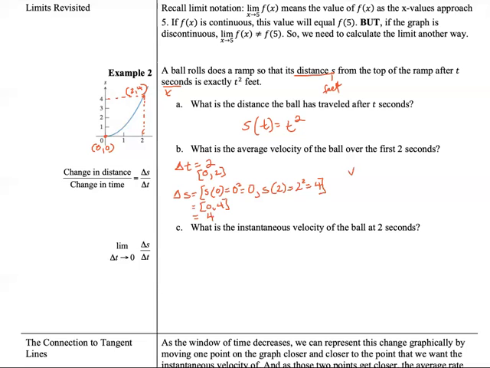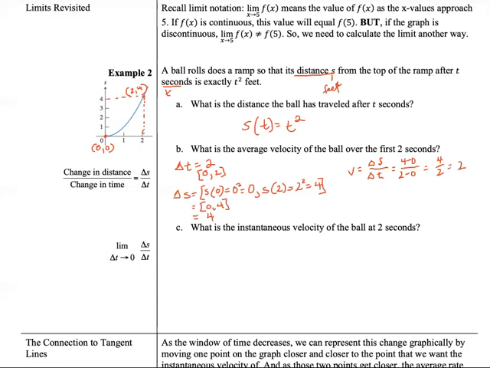So our average velocity is change in distance over change in time, right? Miles per hour, distance over time. Okay, so our change in distance was 4 minus 0. Change in time was 2 minus 0. We already calculated these as 4 over 2, which gives us 2. 2 what?